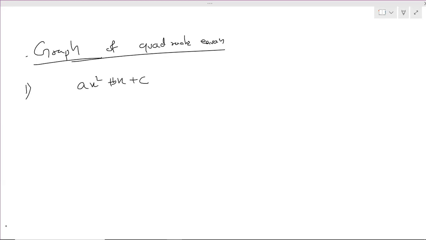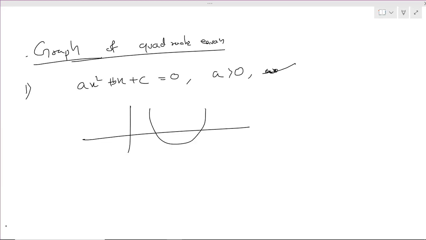Graph of a quadratic equation. There are 3 types of graph possible. If you have ax square plus bx plus c equals 0, where a is positive, remember, this is an upward facing parabola.